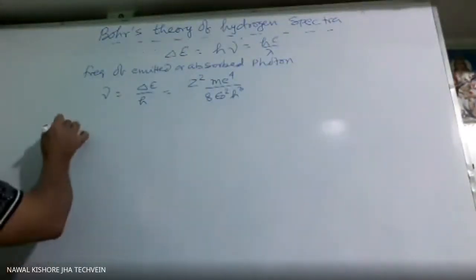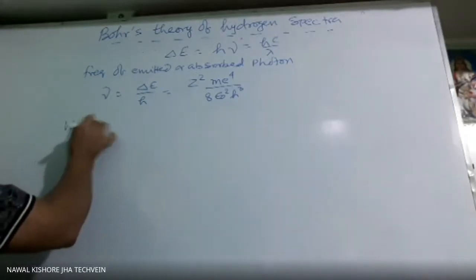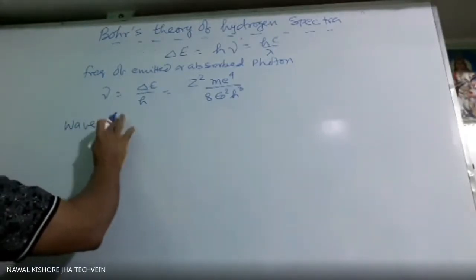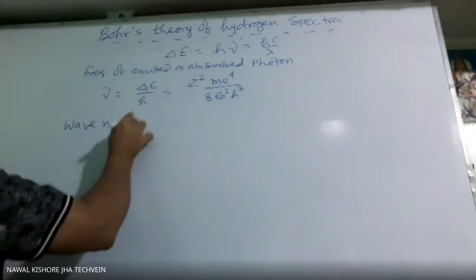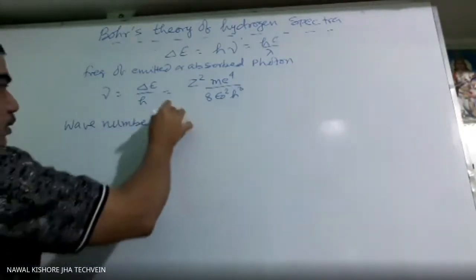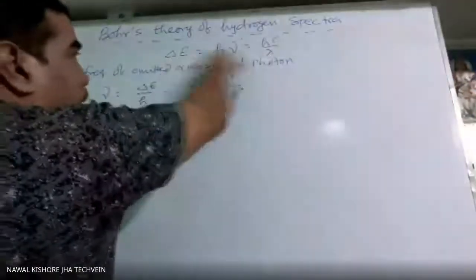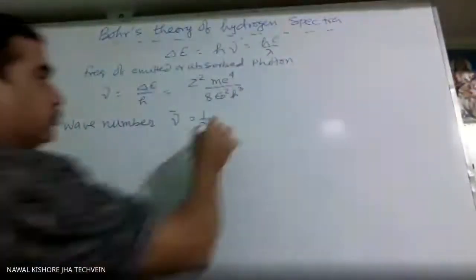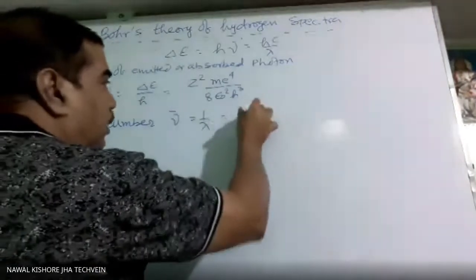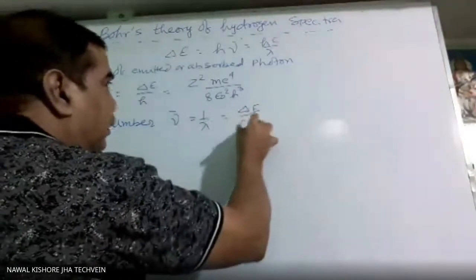So what will be the wave number? This nu bar is equal to 1 over lambda. That means, how will you find 1 by lambda? 1 by lambda means delta E over hc. Delta E over h is this one, so one c will also come.